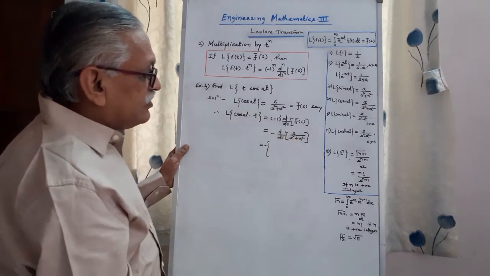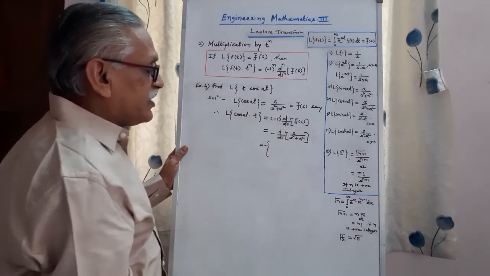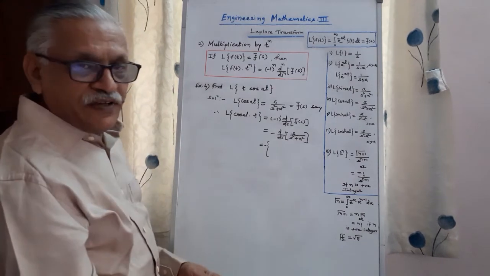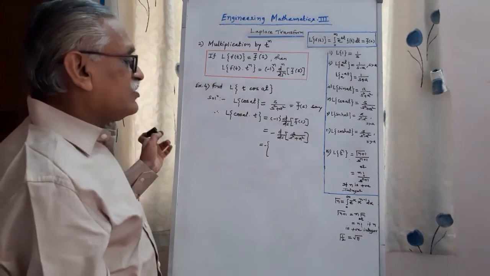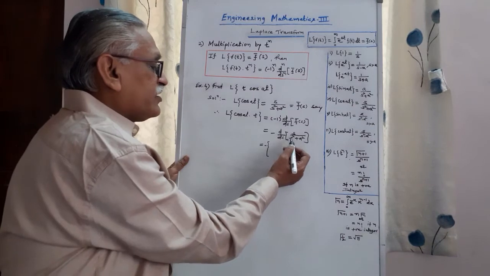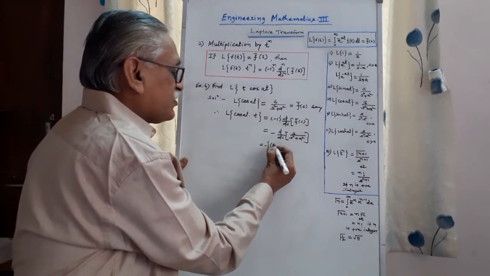it is in the form of quotient u by v. Therefore applying the result of derivative for u by v, or the quotient rule, here it is the denominator term s square plus a square.